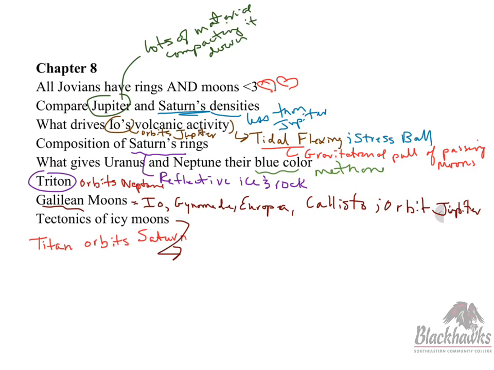And then the last one, it's kind of crazy, but three, if not at least two, of the Galilean moons, and then one awesome moon for sure that orbits Saturn, have this tectonic activity. You know how we just talked about tectonics on Earth, the plates moving. But the icy moons of Jupiter and Saturn go like this. If you're looking at them edge on, here is the inside of the moon, and it's very cold.